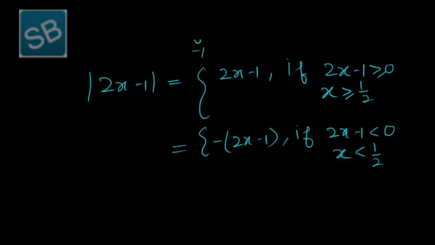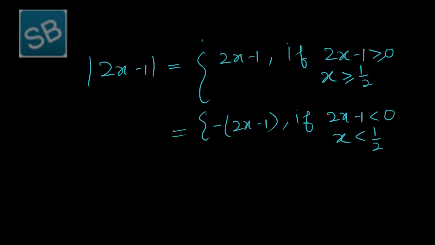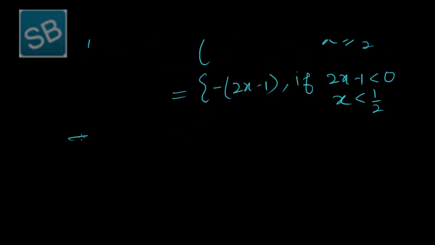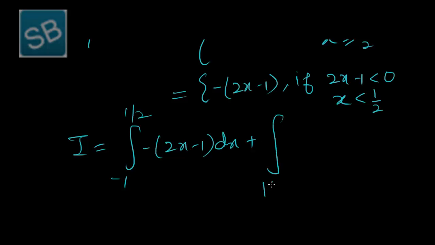So we have a partition, that is minus 1 to half and half to 3. So I is equal to the integral from minus 1 to half, where it becomes negative of 2x minus 1, and from half to 3 its value is positive, that is 2x minus 1 dx, as stated above.